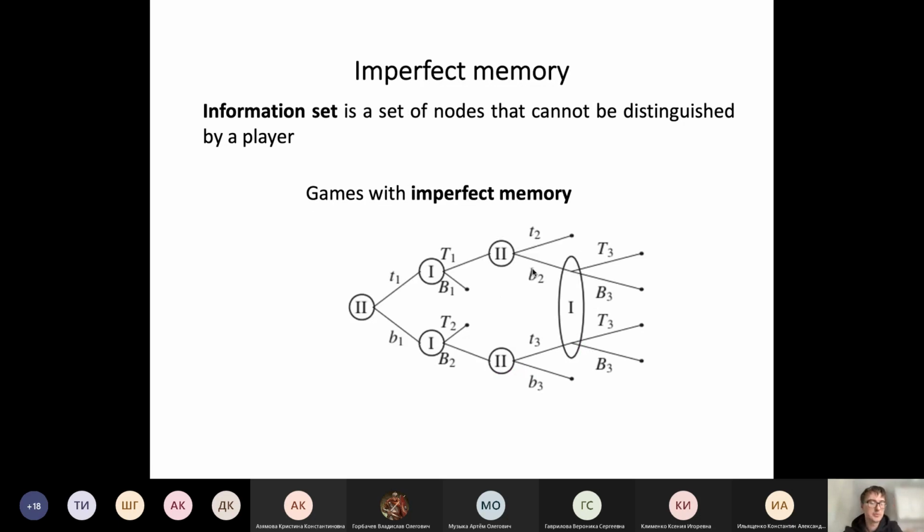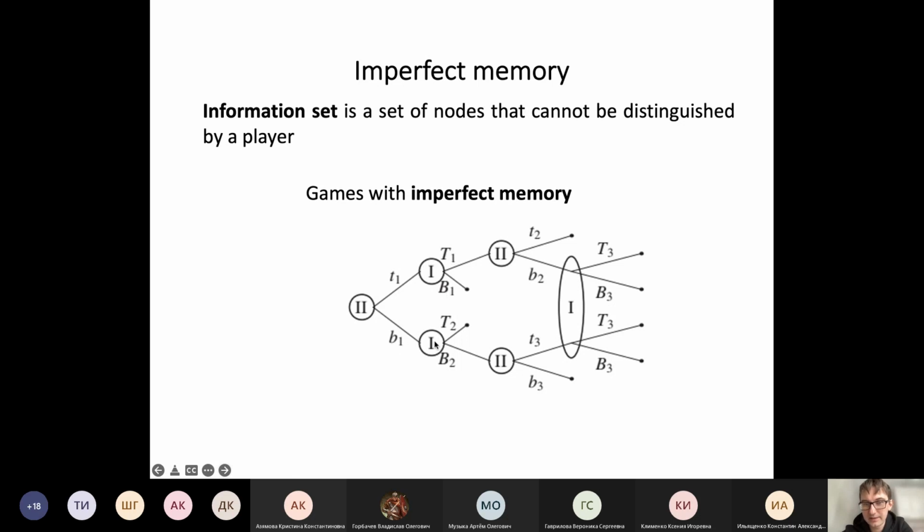What is possible, though, although it's a very strange, weird situation, are so-called games with imperfect memory. Look what happens in this game. The second player makes his decision, so it can be T1 or B1. If it's T1, then the first player can decide between T1 and B1.